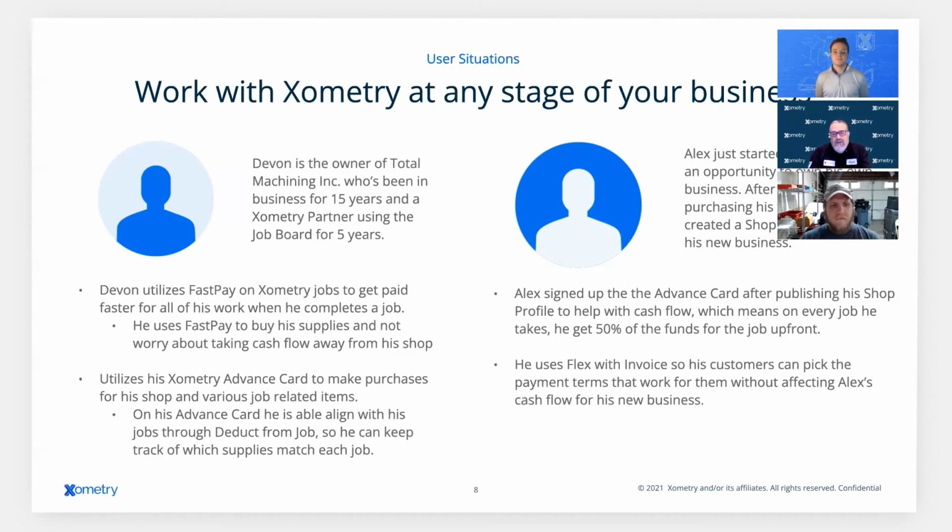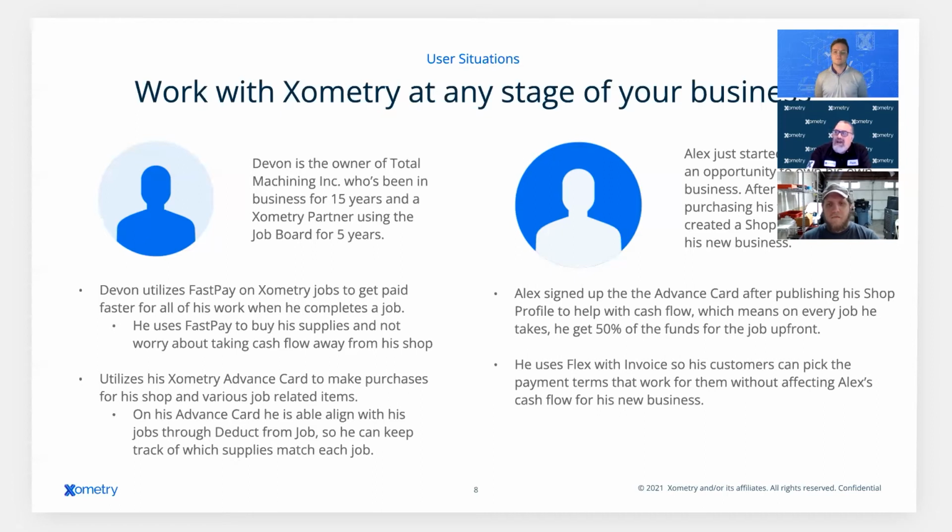It's all contained. The advance card is easy for addressing all kinds of different shop related items. And he's able to align with deduct from jobs, so he can keep track of what supplies and what expenses were associated with the specific work that he's doing. Makes the accounting side way easier at the end of the job too.